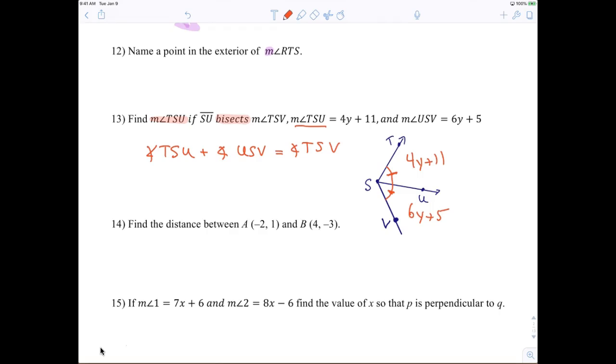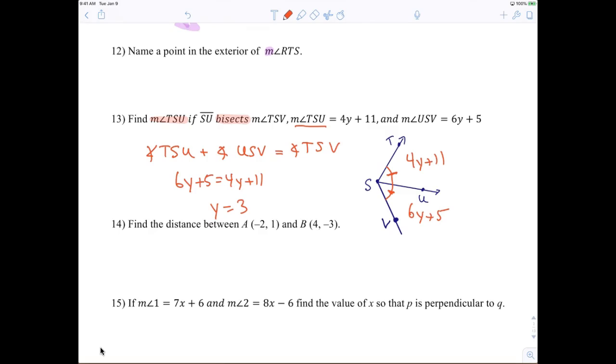So what's true about those two angles? They're equal. So we say 6y plus 5 is equal to 4y plus 11. And y equals what here? 3. I think y equals 3. Anybody have a problem with y equals 3?